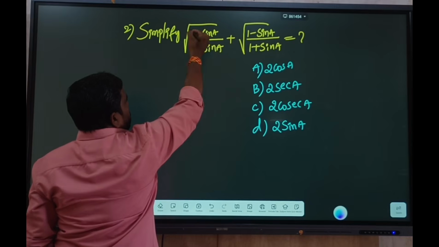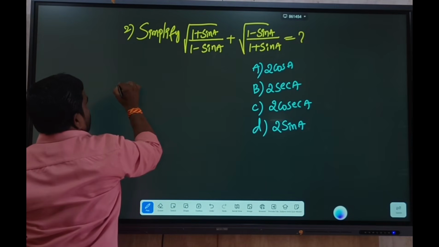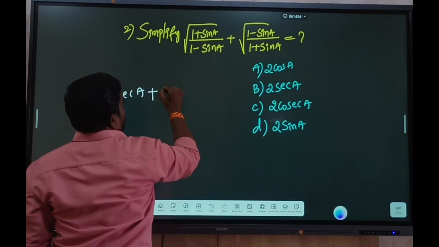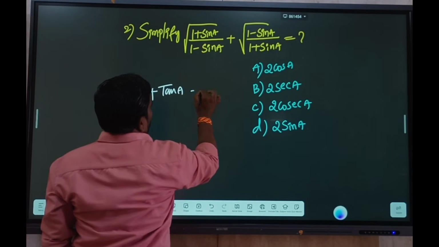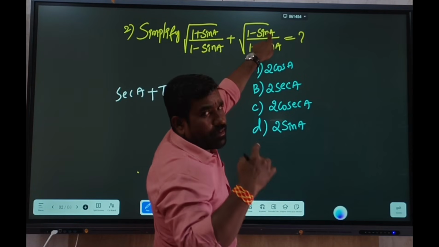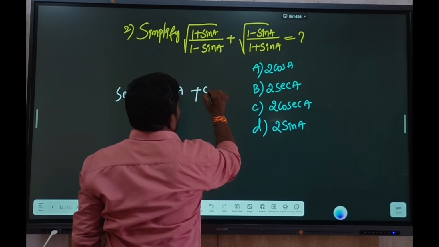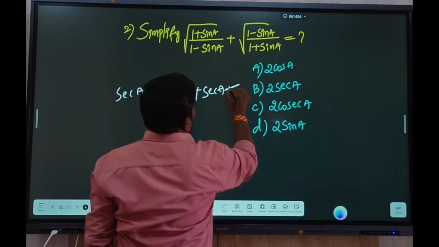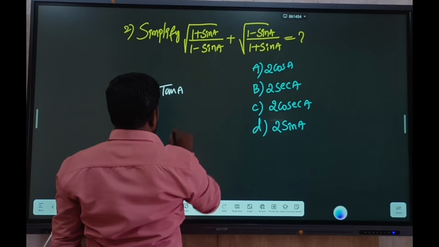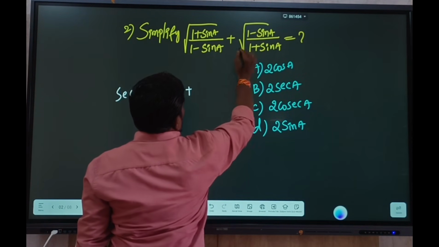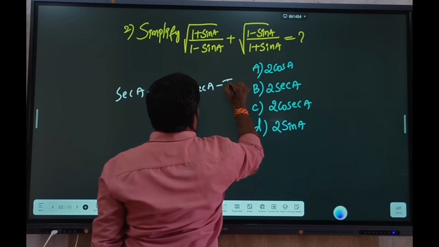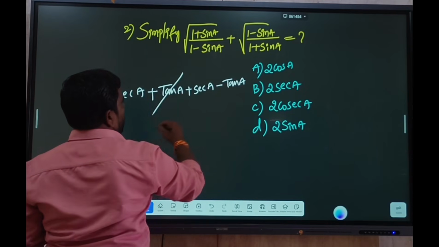So sin is given, that time divide by cos. 1 by cos means secant A, plus sin A by cos, tan A. Remaining, plus here sin is given, divided by cos: 1 by cos means sec A, minus sin A by cos, tan A. Plus tan A minus tan A cancel.